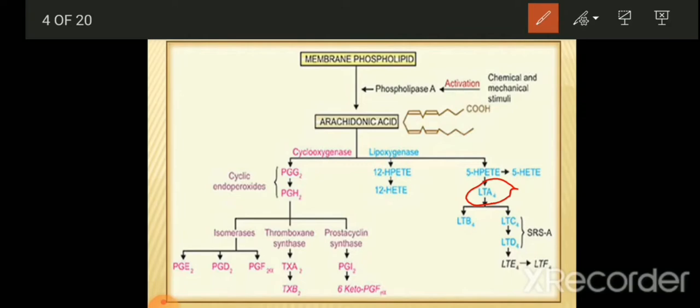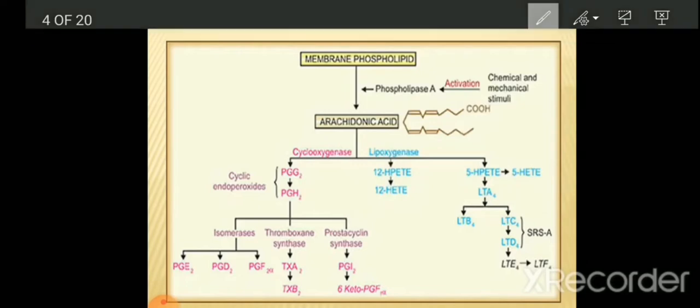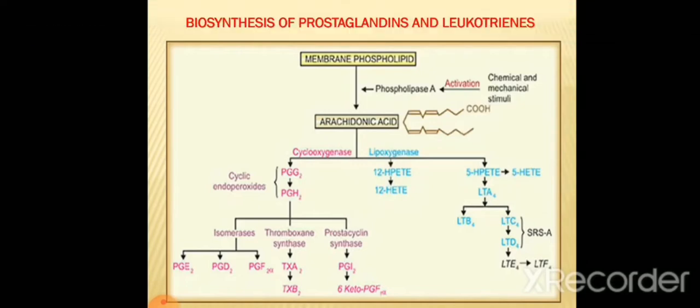Then this lipoxygenase enzyme is not only involved in the production of leukotrienes, it is also involved in the synthesis of 12-HPETE, which is converted into 12-HETE. So these are the pathways involved in the synthesis of prostaglandins, leukotrienes, as well as the thromboxanes. So in the coming slide, I'll give more explanation about the synthesis.